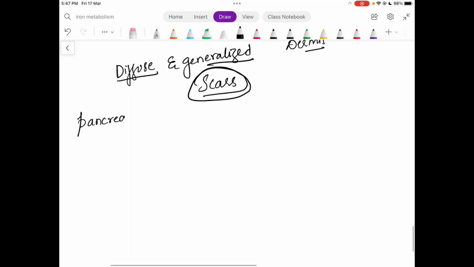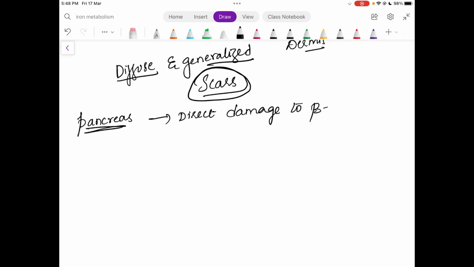Next is pancreas. What will happen in pancreas? There will be direct damage to beta islet cells by iron, and it causes diabetes mellitus.